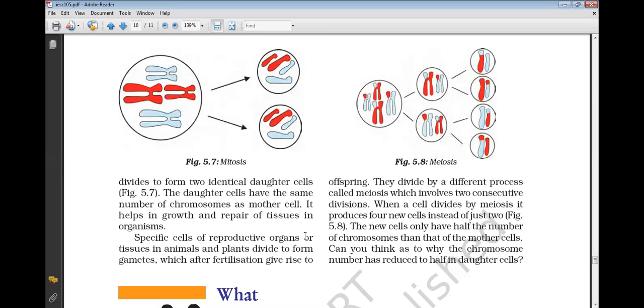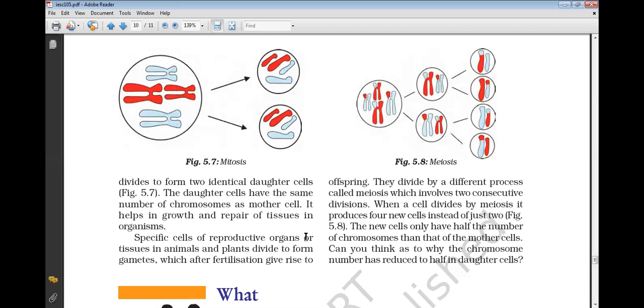There are two types. One is mitosis, another one is meiosis. Mitosis mainly takes place for growth and replacement of old cells, while meiotic division takes place mainly for the gametes, the reproductive type of cell division, in the reproductive organs.